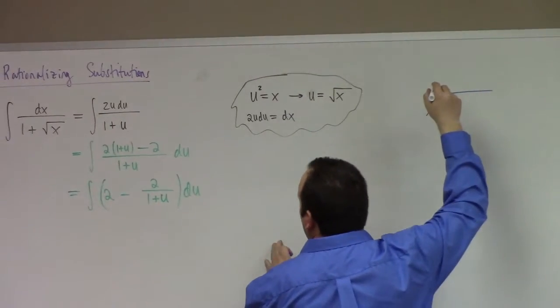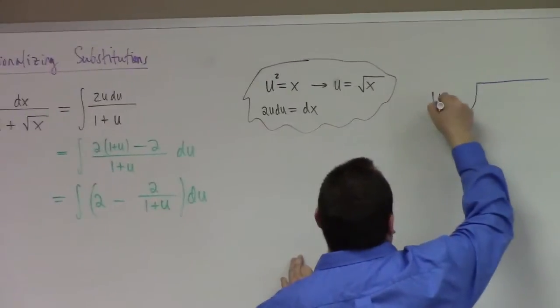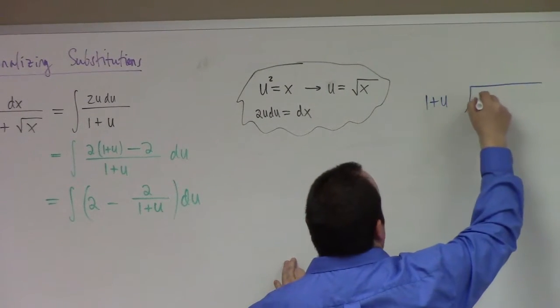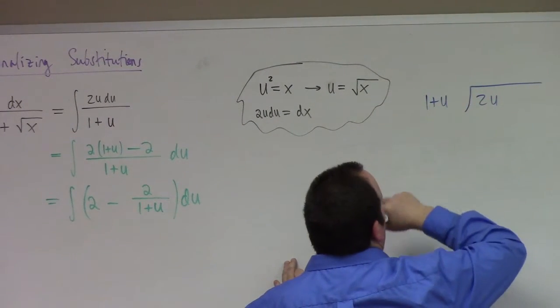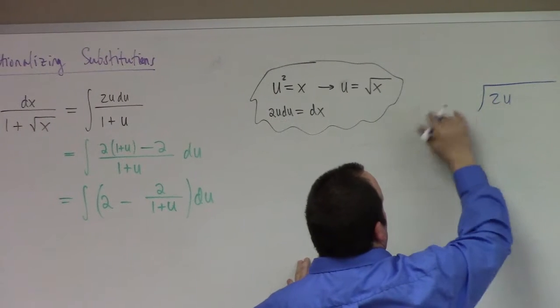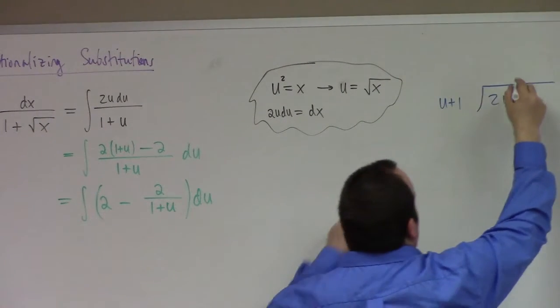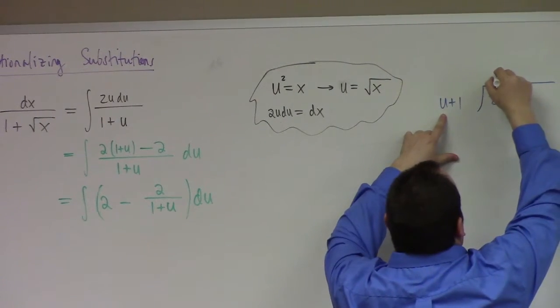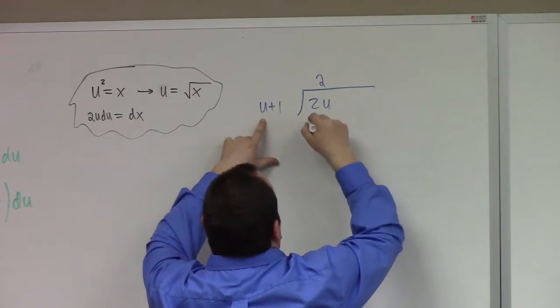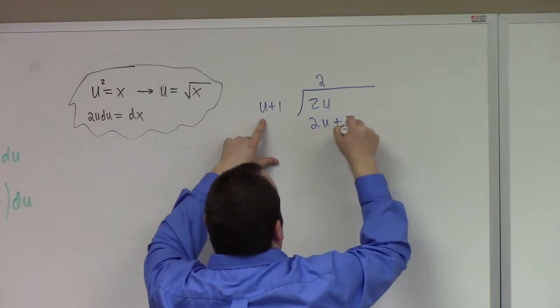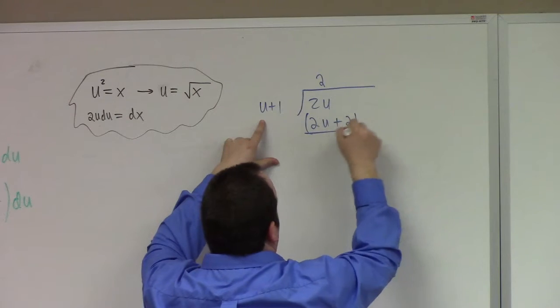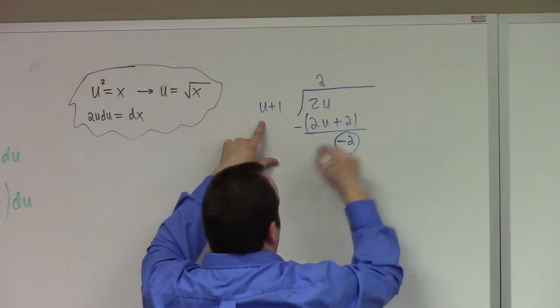Let's see here. So I am dividing 1 plus u, that's my divisor, into 2u. Let me write u plus 1 rather. Easier to think about. So that gives me 2. Then I got 2u plus 2, which gives me minus 2 as my remainder.